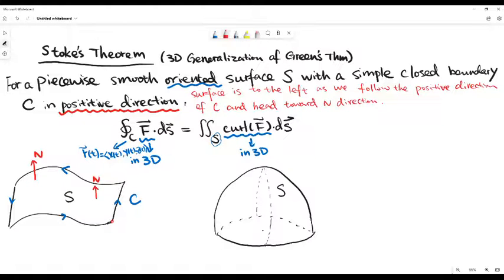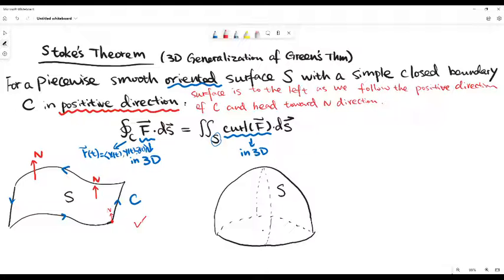My head needs to be towards the normal vector direction. So I'm standing upward on this curve. And if I follow the direction C here, my surface is to my left, right? Which means this is the positive direction we want.